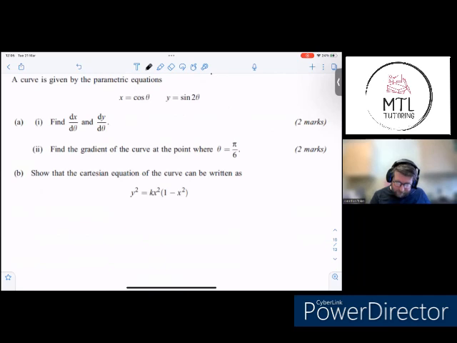More parametric equations. And again, they've instructed you how to find dy by dx, which is really nice.